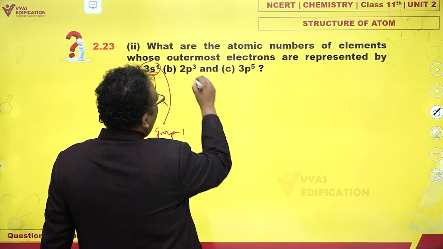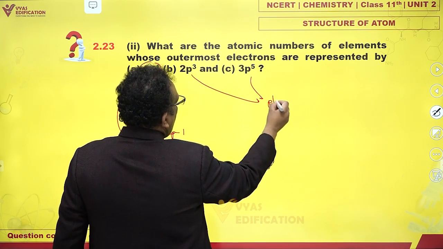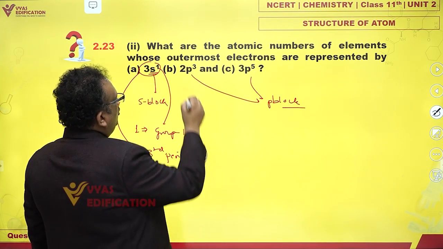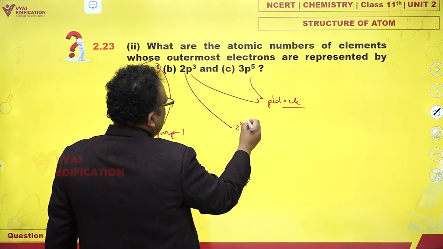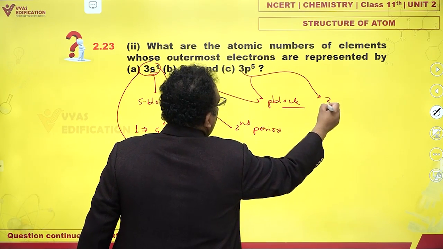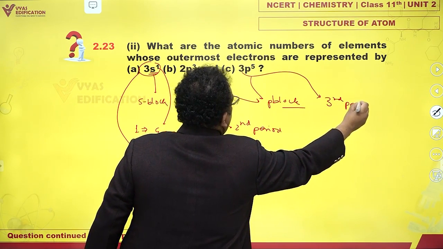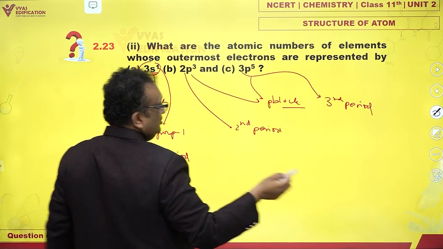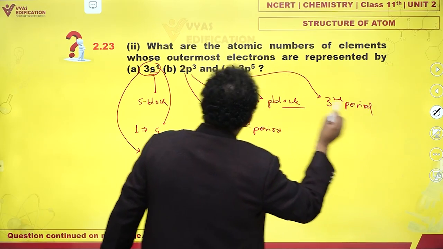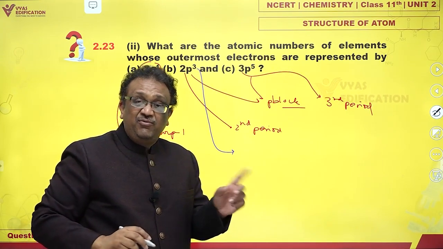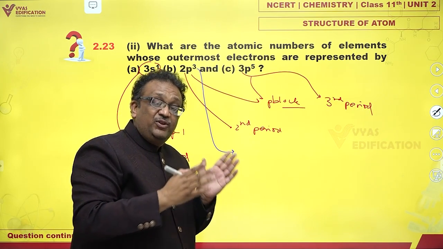2p3 and 2p5, this is P block, right? 2p means second period. And 3p would mean third period. And P3, what does this term 3 reflect? P block begins with group 13.